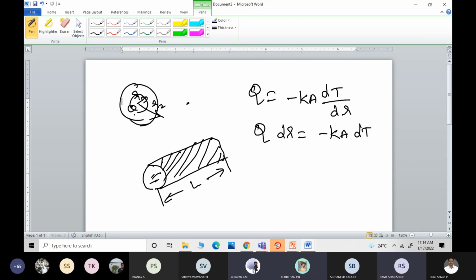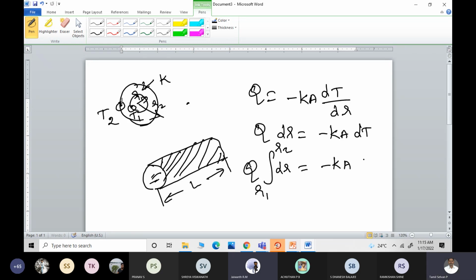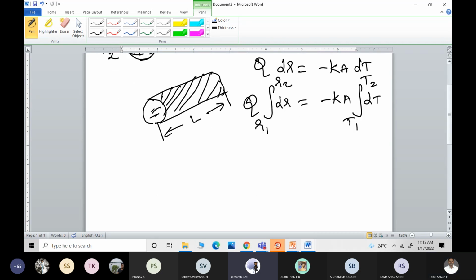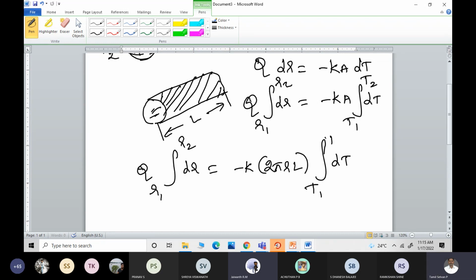The inner temperature is T1, the outer temperature is T2, and the thermal conductivity is K. Now integrating Q dr with R1 and R2 as the limits, and minus K into A into the integral of dT, with T1 and T2 as the limits. Now this integral of dr from R1 to R2 is equal to minus K into A, where A is 2 pi RL, the surface area, pi dl or 2 pi RL.